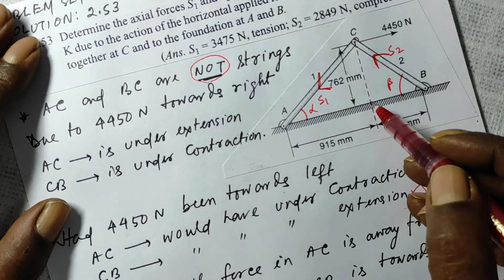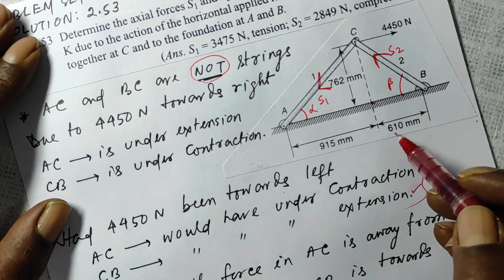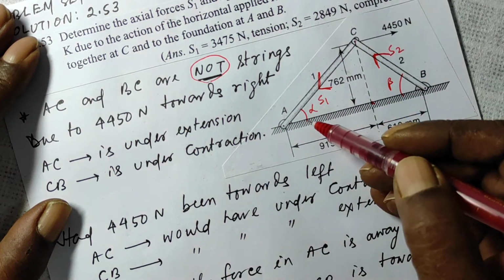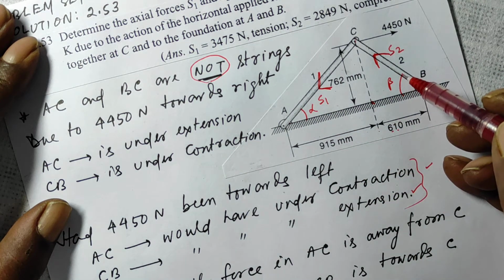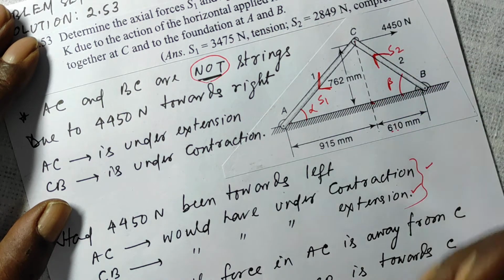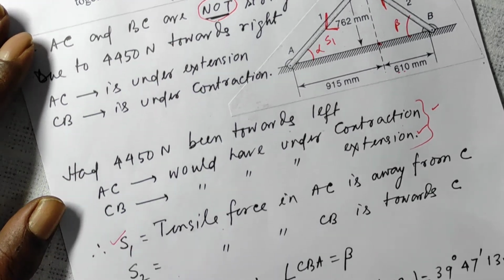From here to here, this is given as 915 millimeter. From here to here, this is given as 610 millimeter. So if you apply tan alpha and cross multiply, and take tan beta in this triangle and cross multiply, then you will find alpha and beta. So that is what I am doing.